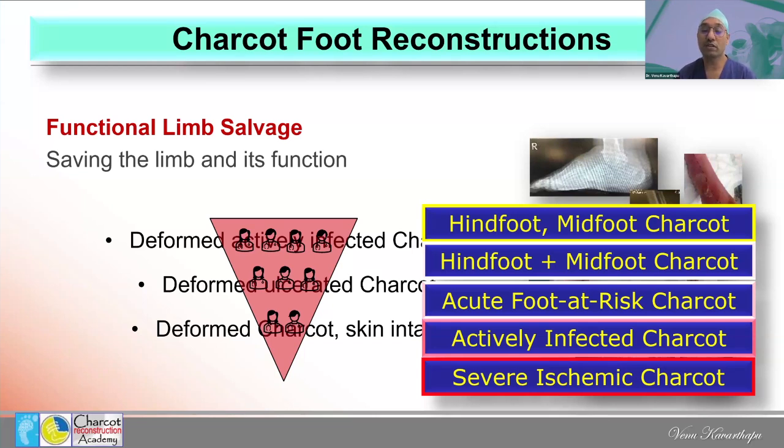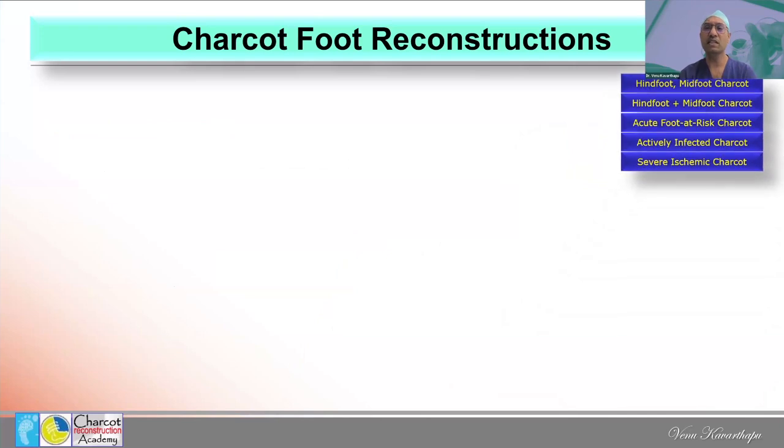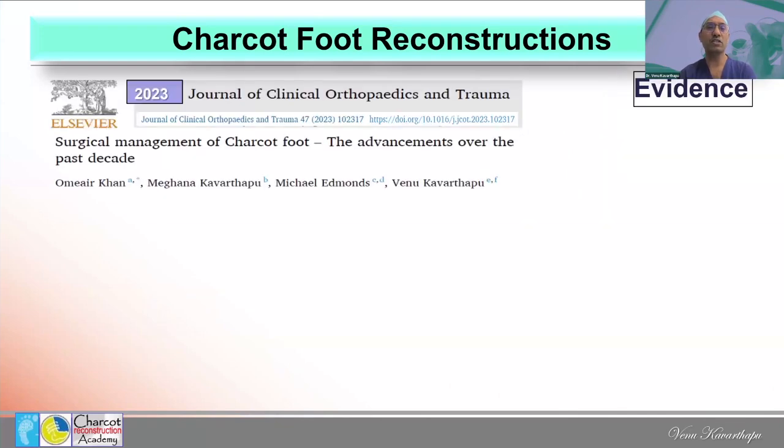Then a Charcot foot with an active infection, whether an actively infected ulcer with deep penetration or deep bone infection, or finally a severely ischemic Charcot foot. And these are all the kinds of presentations that lead to amputations. Let's observe these in general.